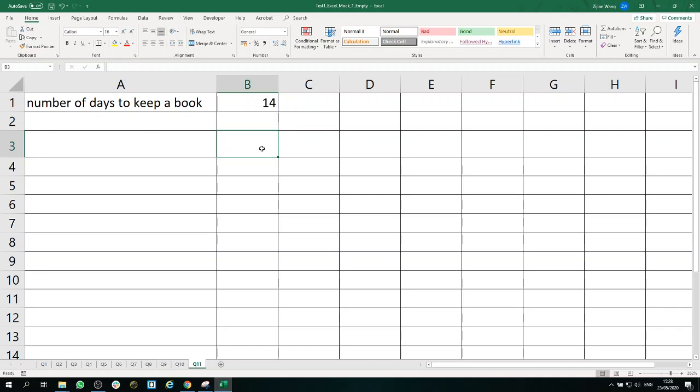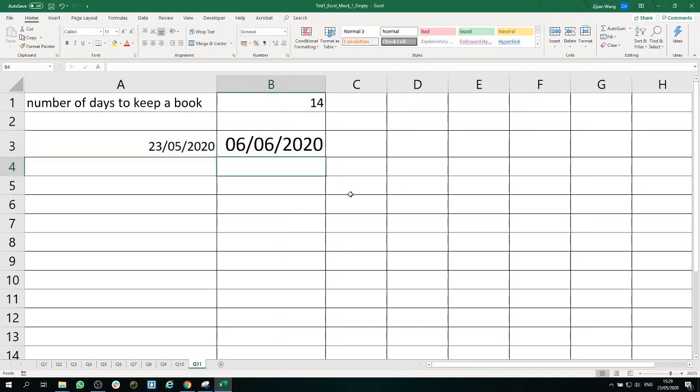So when you talk about today, you can have the TODAY function, right? So this is the date of today. And if you need to return it after 14 days, that will be the date of today plus 14 days. So here we go, we have a new date.